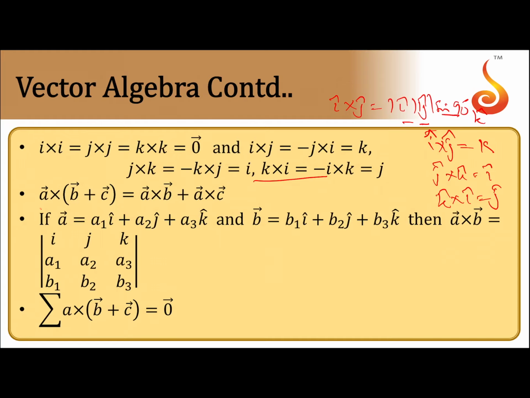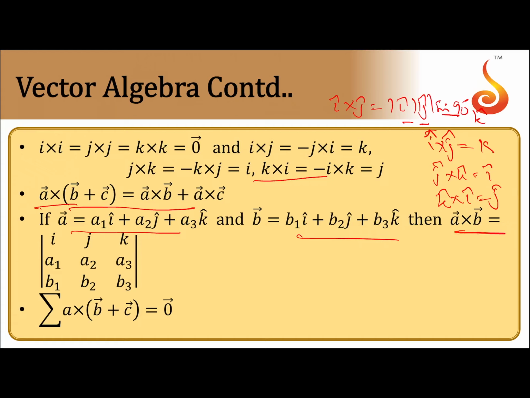And the vector product follows distributivity: A cross (B plus C) equals A cross B plus A cross C. And how do you calculate the cross product of vectors? When A bar, B bar are given to you with components A1, A2, A3 and B1, B2, B3, then A cross B can be calculated by the determinant.